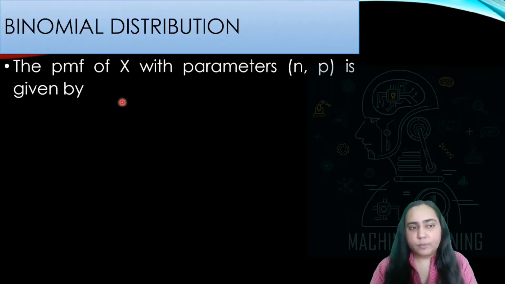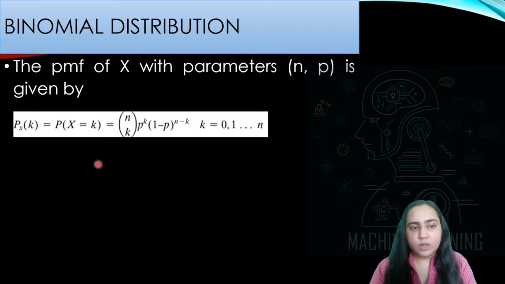Let's take a look at what the PMF, the probability mass function of X, would be if the parameters n and p are given. It would be this. P_X(k) = P(X = k) = nCk p^k (1 - p)^(n - k), where nCk is the formula for combinations. This is a slightly different formula than what we saw for Bernoulli trials.